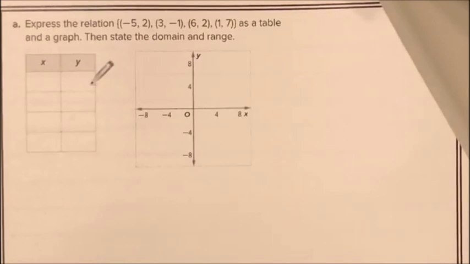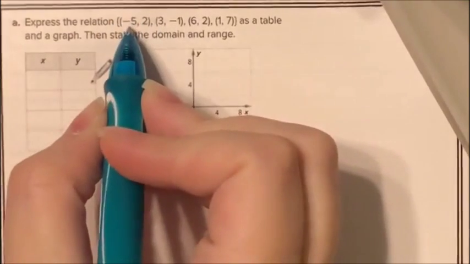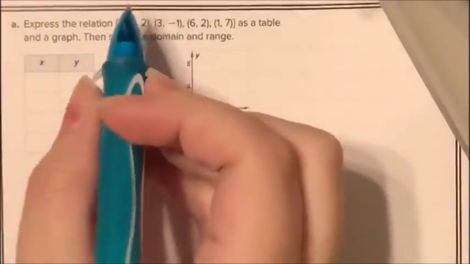All right, so letter A says express the relation (-5, 2), (3, -1), (6, 2), (1, 7) as a table and a graph. Then state the domain and range. Okay. So first thing I'm going to do is look at the points they gave me. Remember, your first point are your x's.